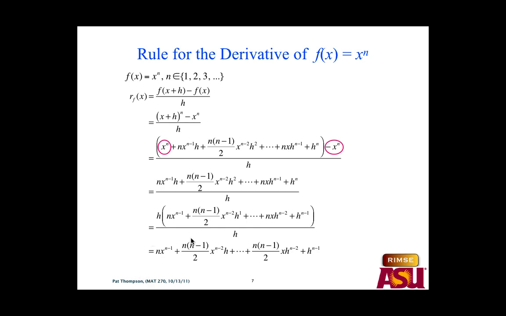And so the tendency of this whole ugly polynomial is that it gets closer and closer to being just the first term. So for small values of h, or imagining h being essentially 0, this x plus h to the n minus x to the n all over h simplifies to something that's approximately nx to the n minus 1.